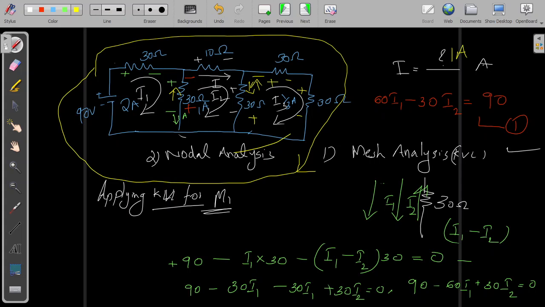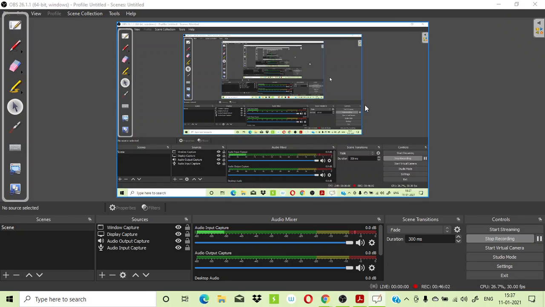So in that way you can find out the current through different elements. That is our problem using mesh analysis. Now using nodal analysis, the same problem you can solve. So I'm leaving that analysis for you, that is nodal analysis, for the time being.